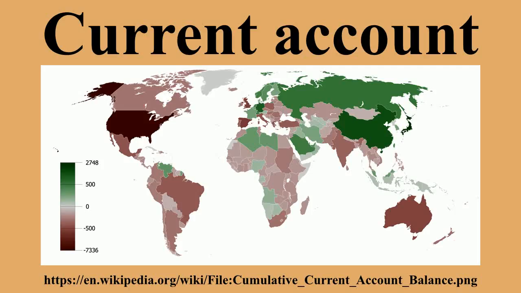The advanced economies, such as the United States, run current account deficits, whereas developing countries and emerging market economies often run surpluses or near surpluses. Very poor countries typically run large current account deficits, in proportion to the gross domestic product, that are financed by official grants and loans.